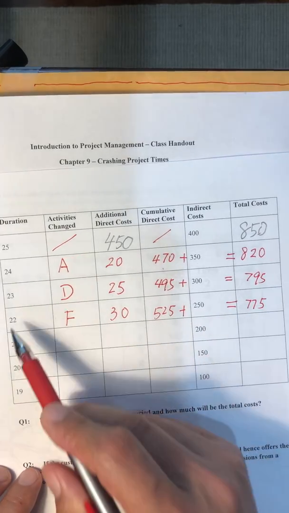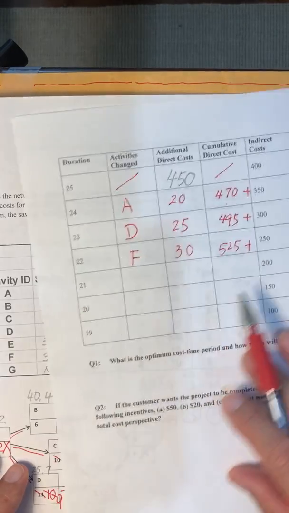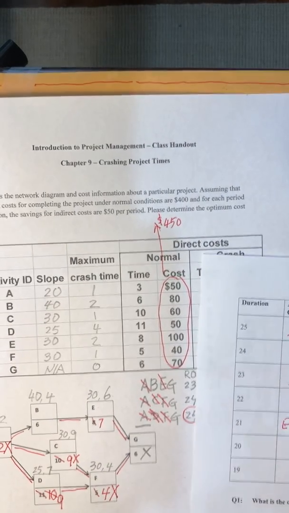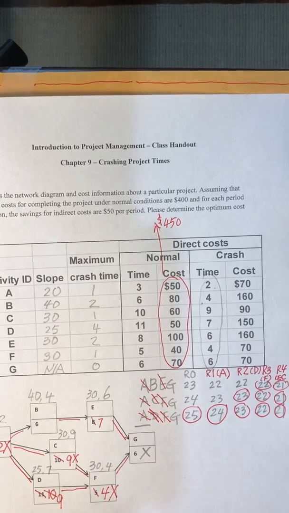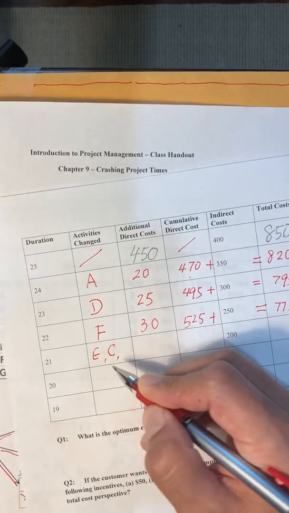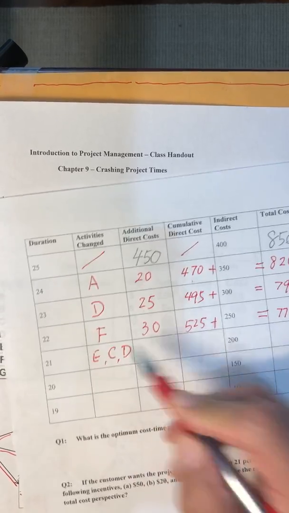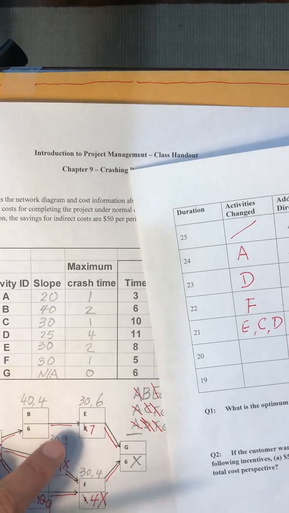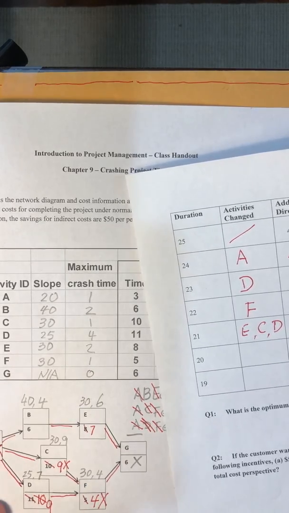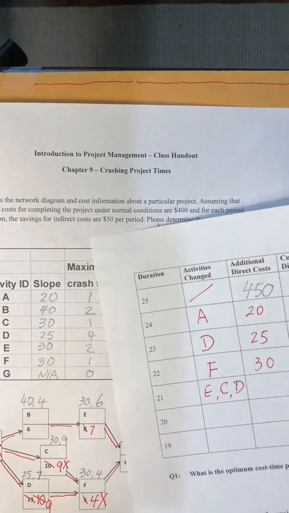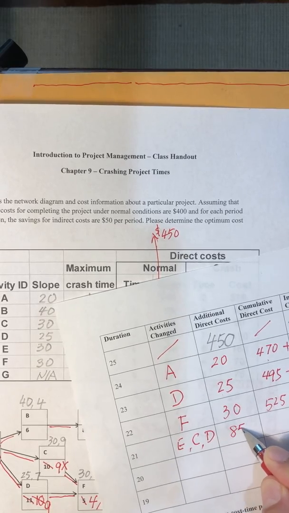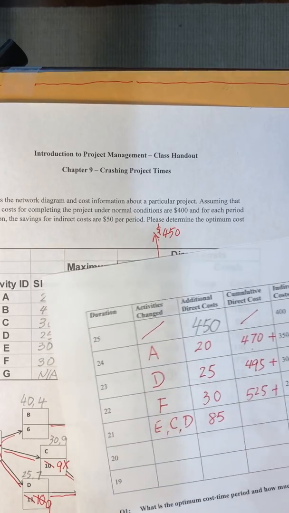So for this run, from 22 to 21, we need to cut the top critical path, which is E. We need to cut the middle, which is C. We need to cut the bottom, which is D. So we need to cut 3 activities individually for each critical path. The total of cutting all those 3 activities is 85, based on the sum of their slopes.